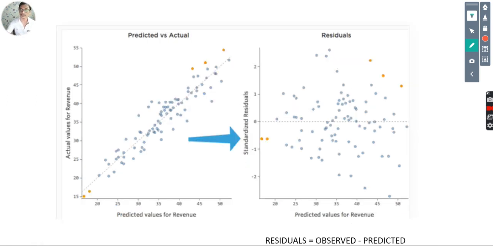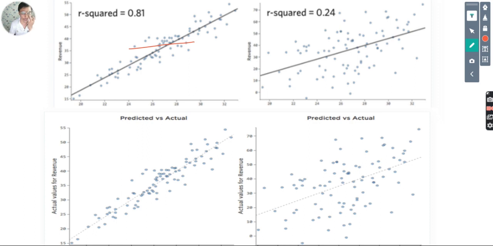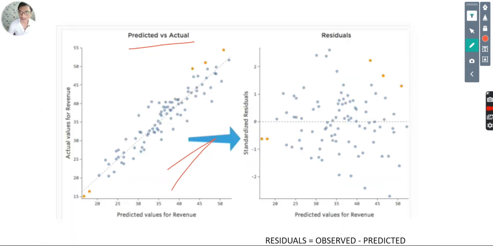You can see this is what we got as predicted value and actual value from the earlier slide, right? This slide. So from here you can easily understand this predicted and actual value. We can plot it, and this is what, as I told you, predicted value and standardized residuals.